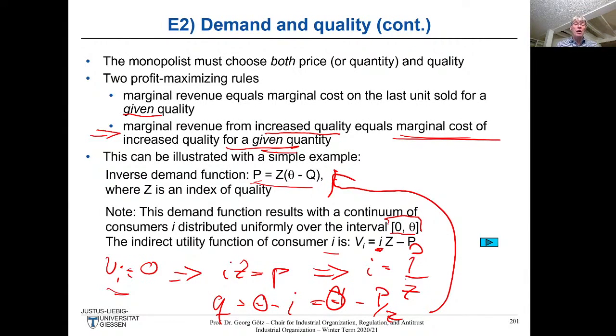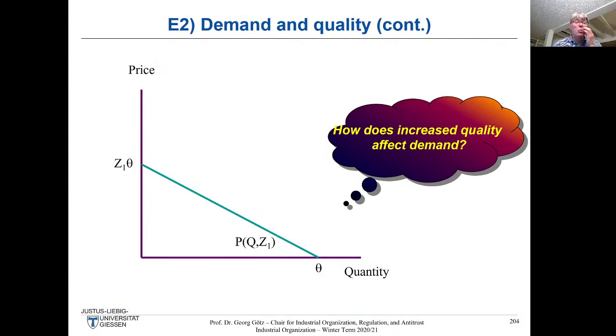Here you see uniformly distributed. Simply each consumer has this indirect utility function, very similar to our above function. And we obtain a very nice inverse demand function. And again, what we have here is exactly this here.